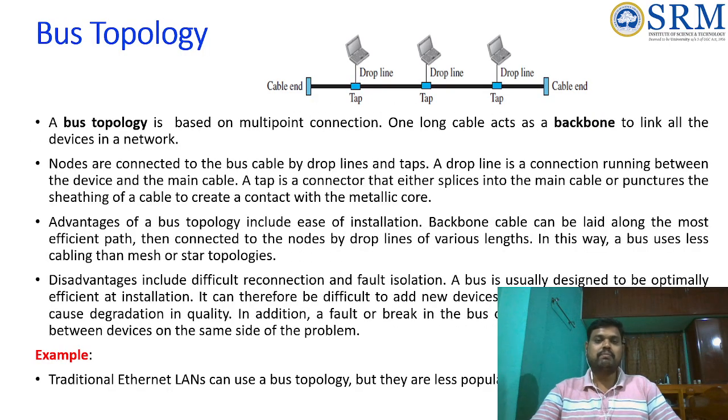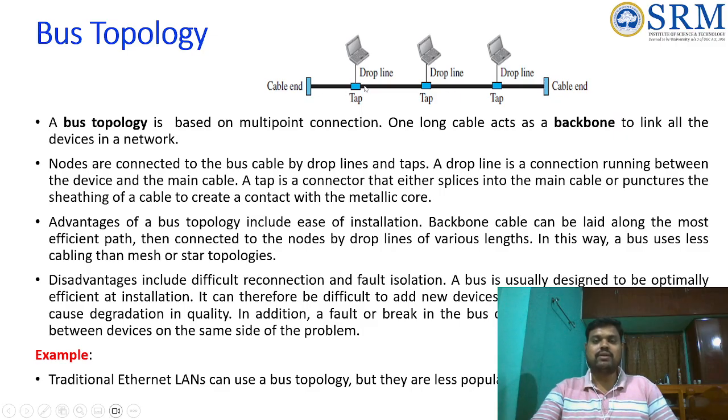The next one is the bus topology. If you want to create a computer network within a room or within a building, first you have to lay a main cable or backbone cable, so that you can connect as many systems as you want through drop line cables or Ethernet cables.